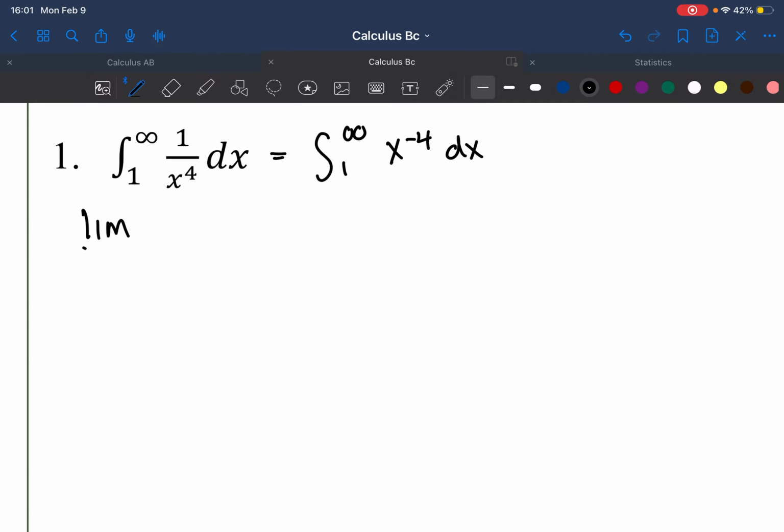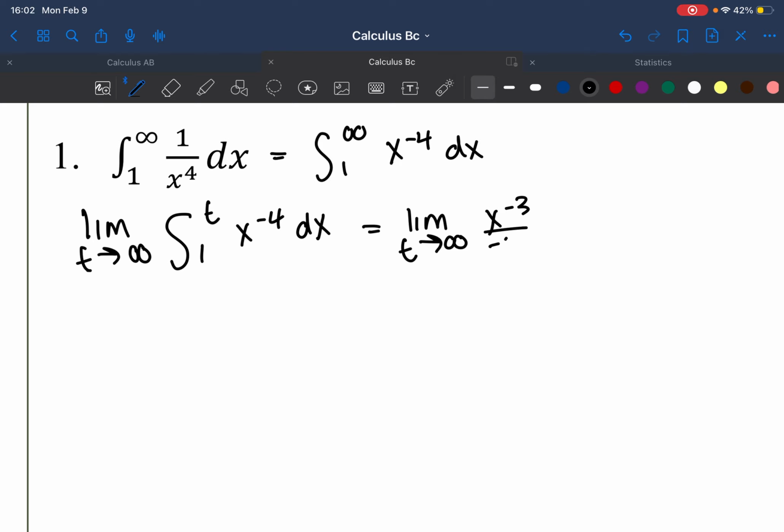So the limit as t approaches infinity of the integral from 1 to t of x to the -4 dx is equal to the limit as t approaches infinity of x to the -3 over -3 evaluated at 1 and t.